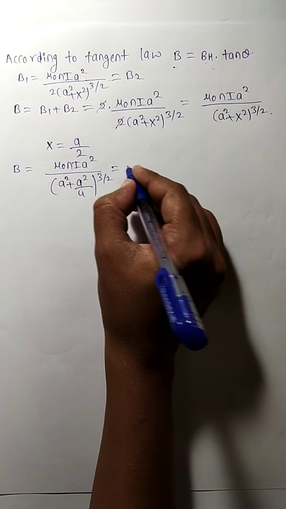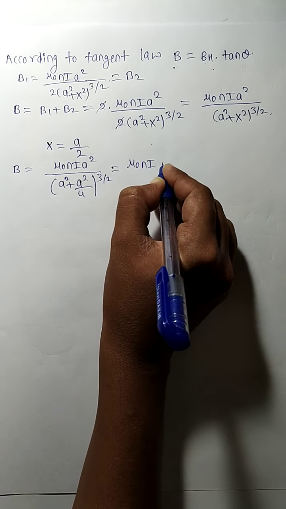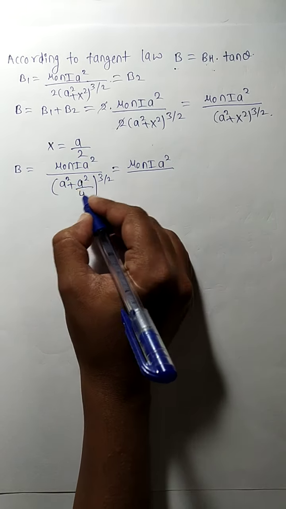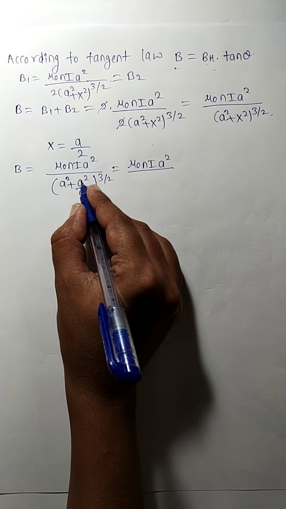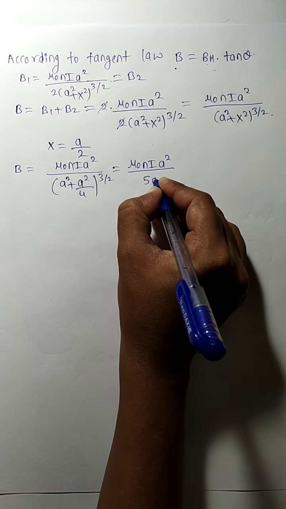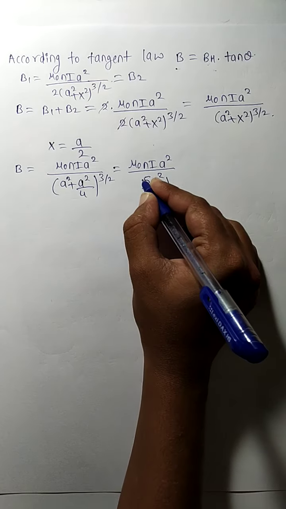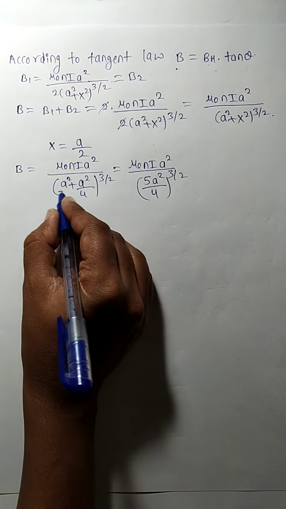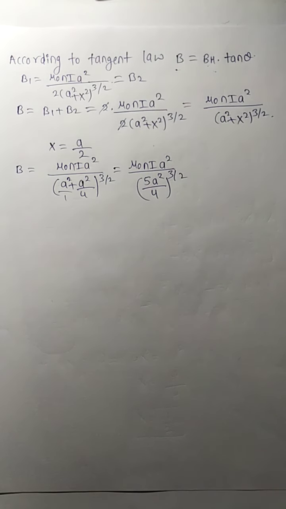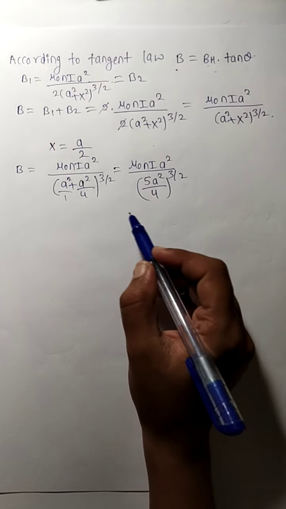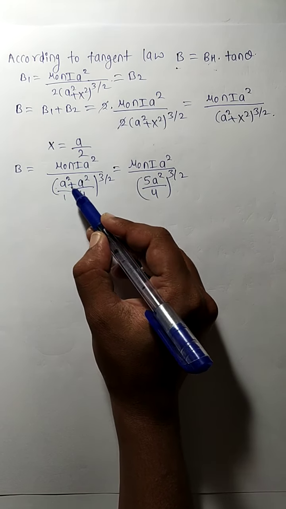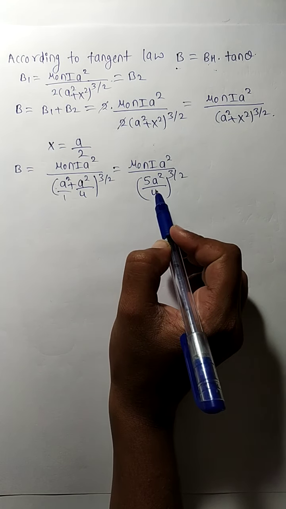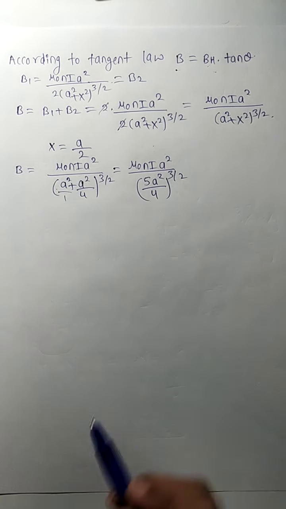So this is equal to N i A square divided by, taking the LCM, 4 will be the LCM. So 4 A square plus A square becomes 5 A square divided by 4, raised to 3 by 2.